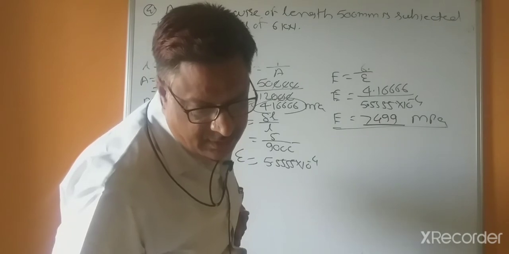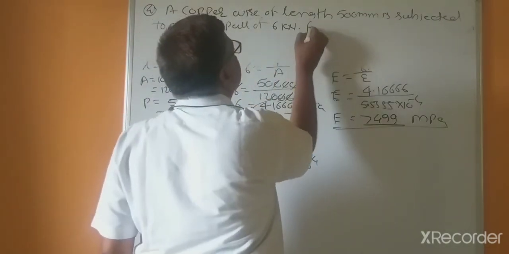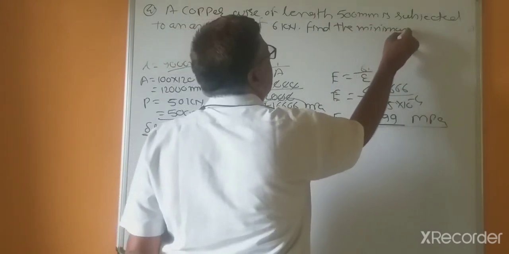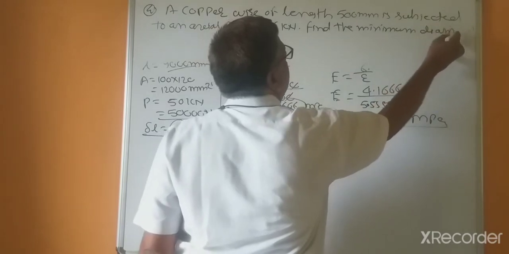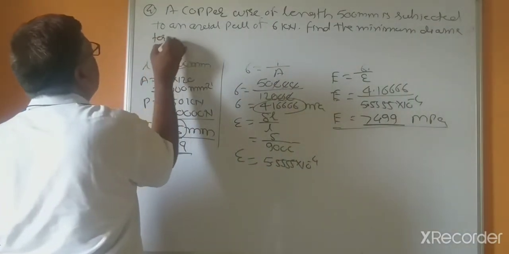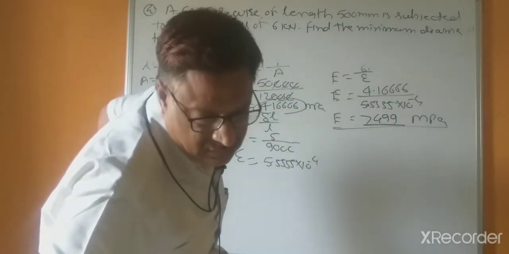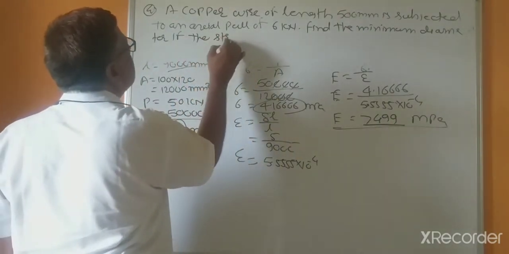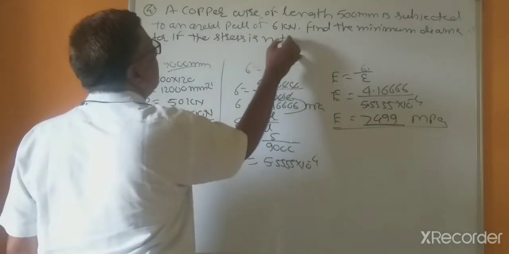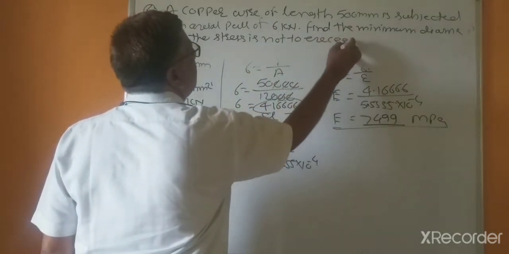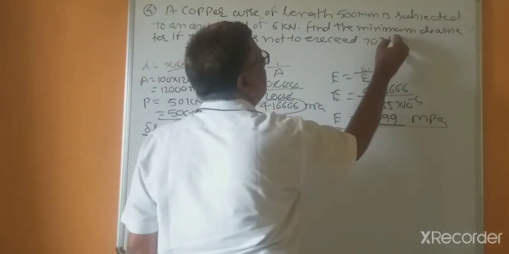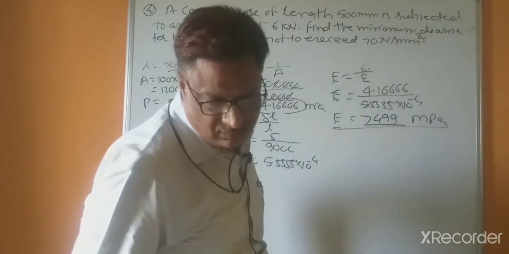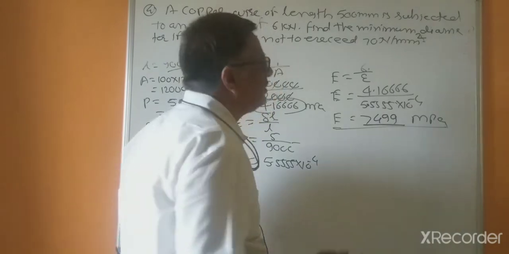Find the minimum diameter if the stress is not to exceed 70 Newton per mm squared. Also calculate the elongation.